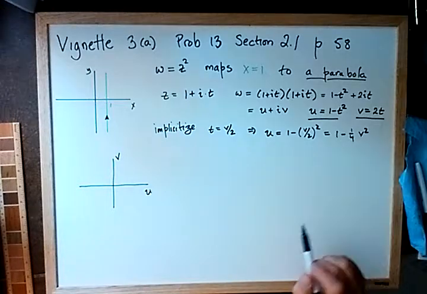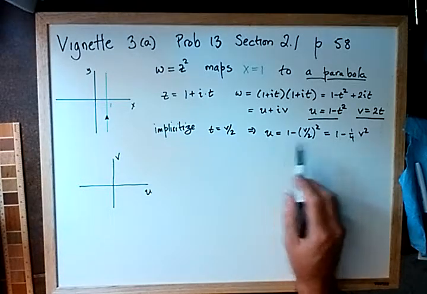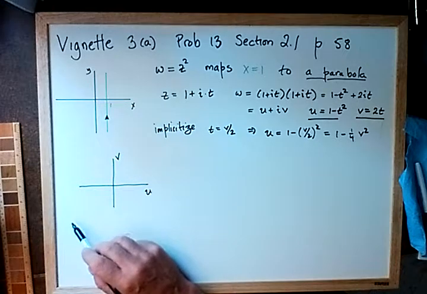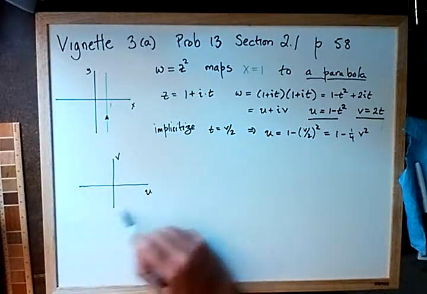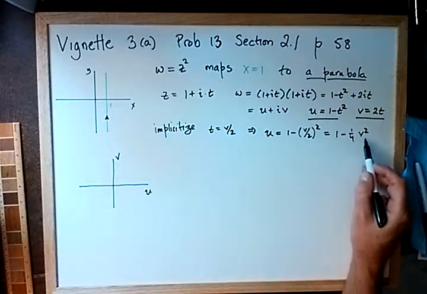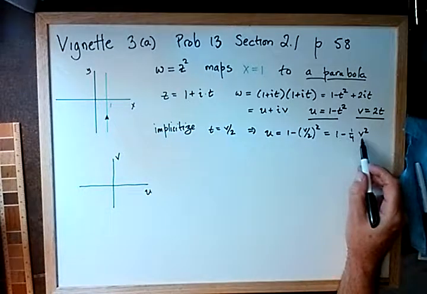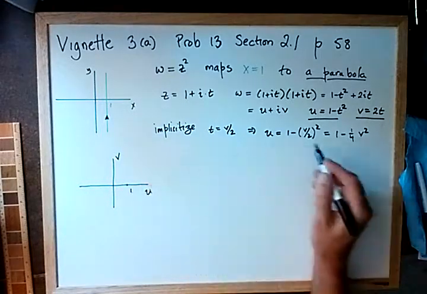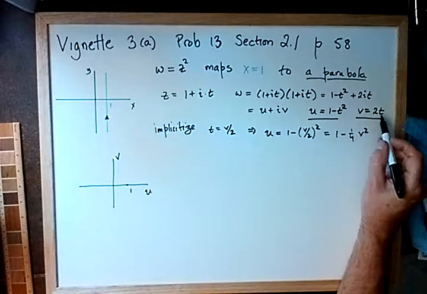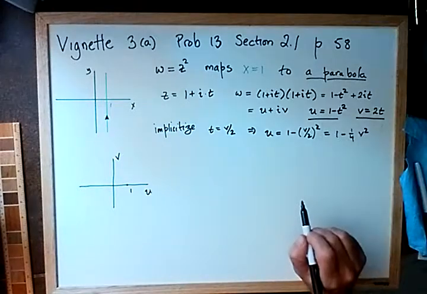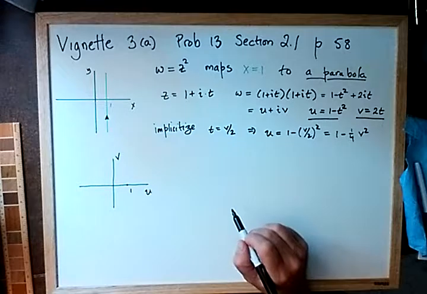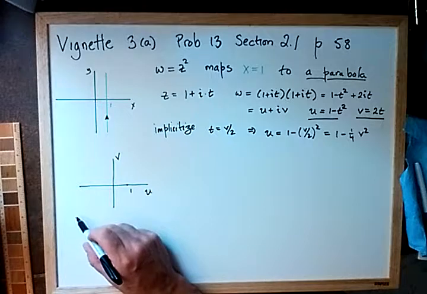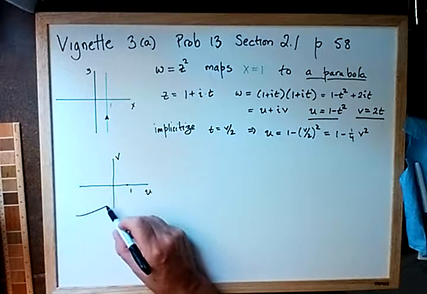And because that is a negative thing, that says that when v is really large, u is going to be really large and negative. So that'll be over on this side. So it's got to be opening this way. And when v equals 0, u equals 1. And that corresponds to t equals 0. t equals 0 gives u equals 1 and v equals 0.